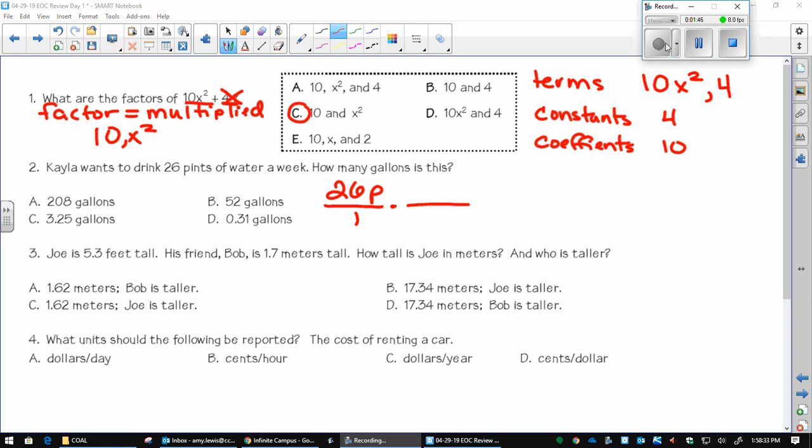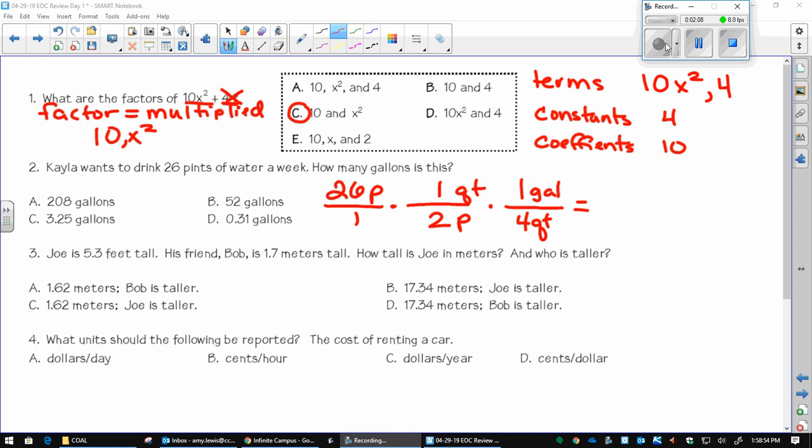I have a conversion that says that there are 2 pints in 1 quart. So I need to put pints on the bottom so that it can cancel with the pints on top. 2 pints, 1 quart. And I have another conversion that says that 4 quarts equal 1 gallon.